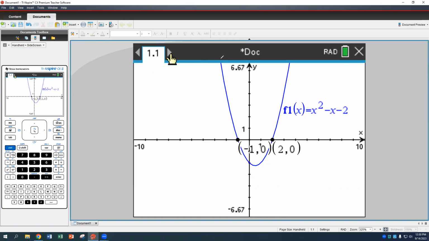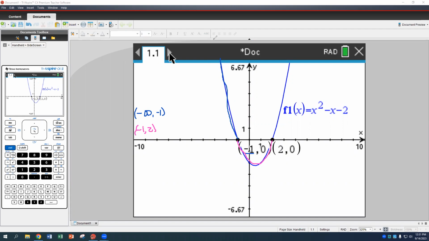So when we go left to right, we're starting positive, so I'm going to use blue for positive. I'm positive all the way from negative infinity until I hit -1. And then I go negative. My function's negative, the y values are negative, all the way from -1 to 2.